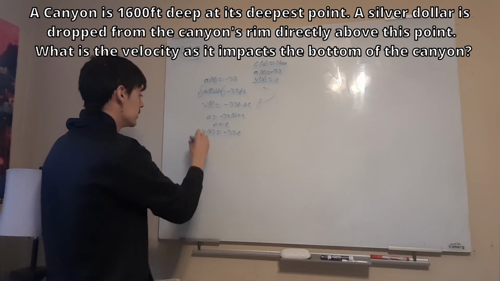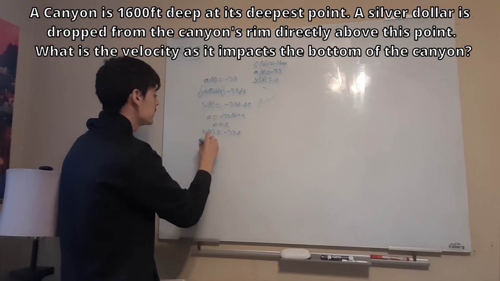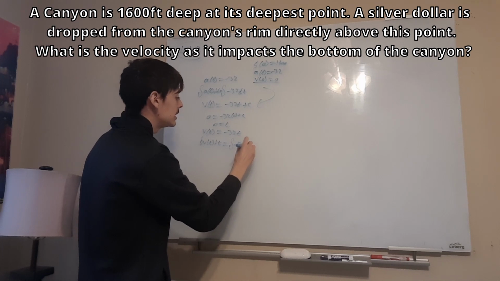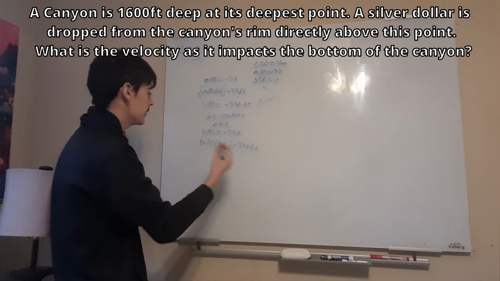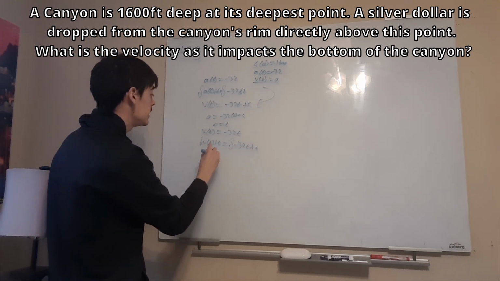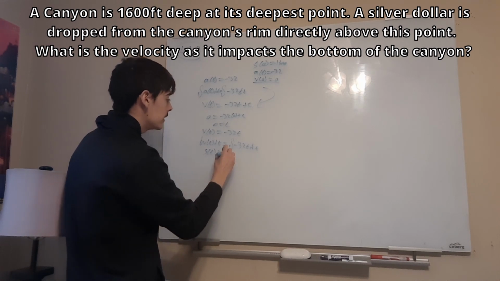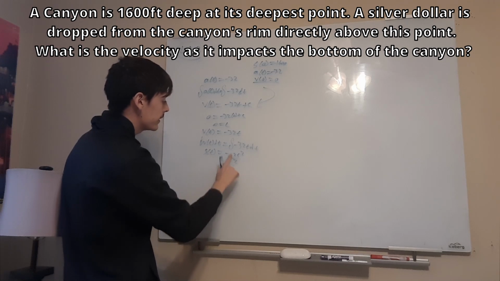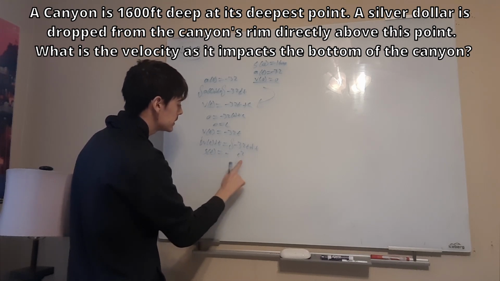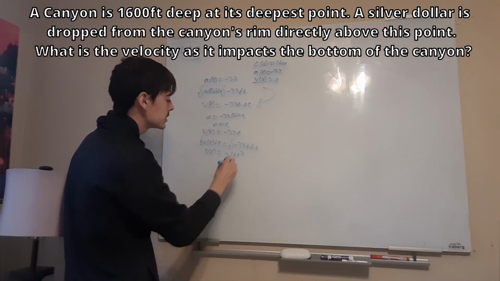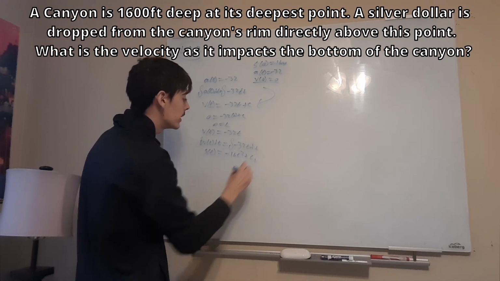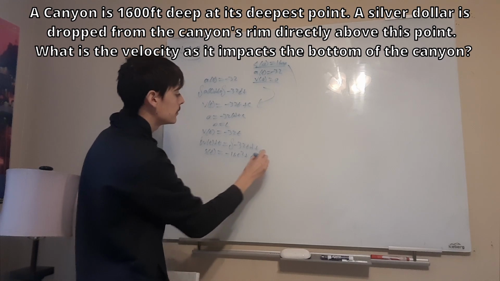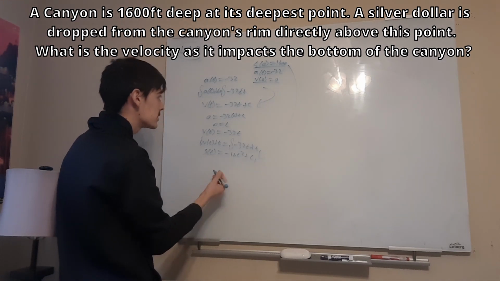We can now continue. So the integral of v of t dt will equal the integral of negative 32t dt. If we integrate each of these, we'll get s of t equals negative 32t squared over 2, but we can simplify that 32 over 2 into just 16. So negative 16t squared plus c1. We can now take our position point, plug it in to solve for c1.